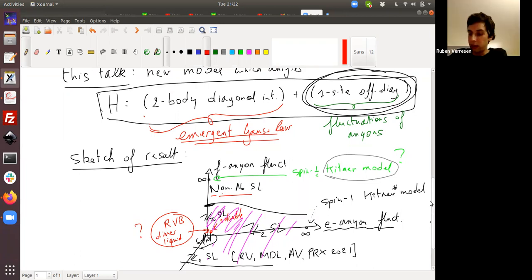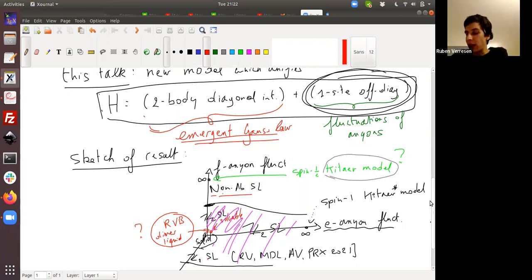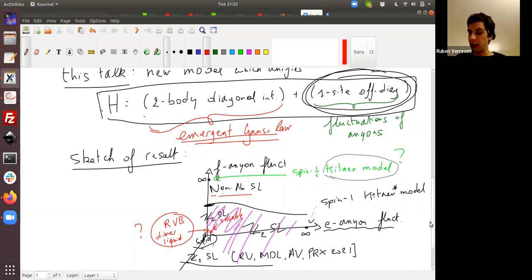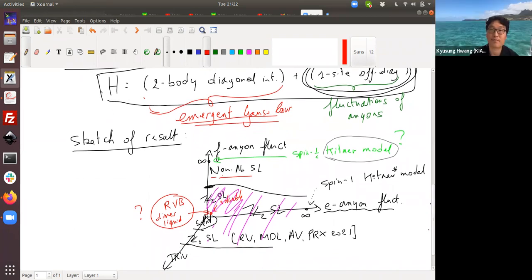Is that correct? That's correct. Just maybe not that unusual. You could think of the toric code Hamiltonian perhaps, right, with the star term playing a similar role. But maybe the unusual thing is that it's only 2-body. Usually we might think of these Gauss laws as multi-body terms. But here it turns out the 2-body term is enough to get a Gauss law. But yeah, it's emergent. It's only energetically enforced now. Okay. Thanks.